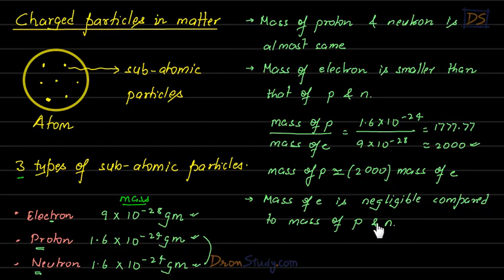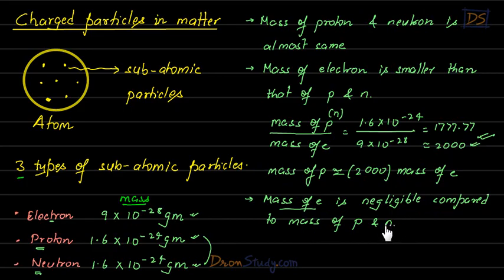See, first of all, you also need to understand that here I have taken mass of proton divided by mass of electron, and the ratio has come out to be this. But if I would have taken mass of neutron divided by mass of electron, then also the ratio would have been the same, students, right? So because mass of proton and neutron is much higher than the mass of electron, we say that mass of electron is negligible compared to mass of proton and neutron.